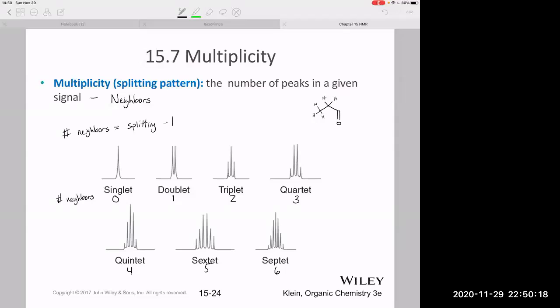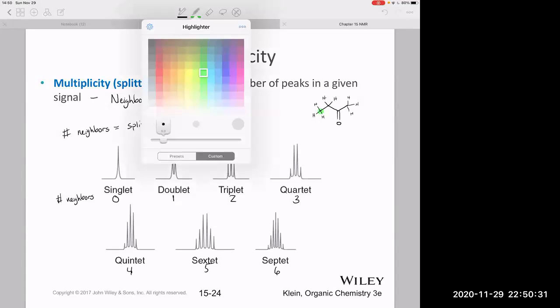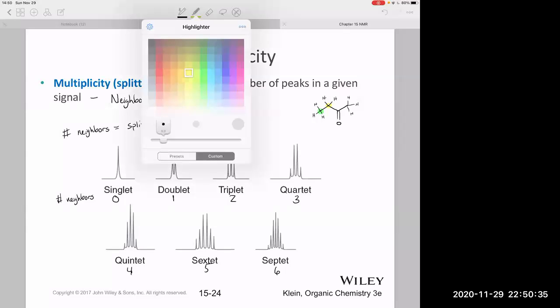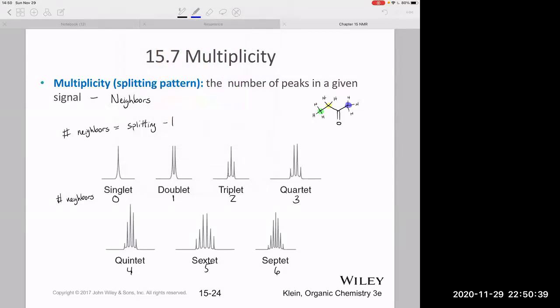Actually, let's do this ketone. I have 4 carbons, and actually all 4 of them are chemically distinct, but only 3 of them have hydrogens. So I would expect in my H1 NMR signal to get 3 different sets of peaks because of my 3 different sets of chemically distinct hydrogens.